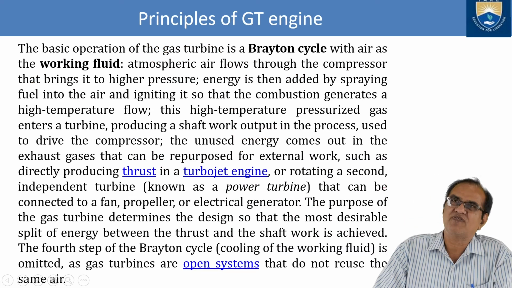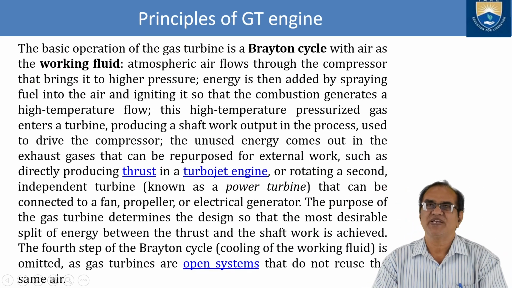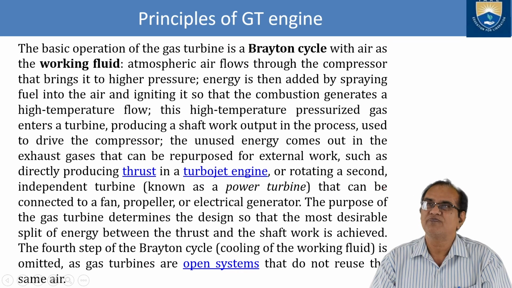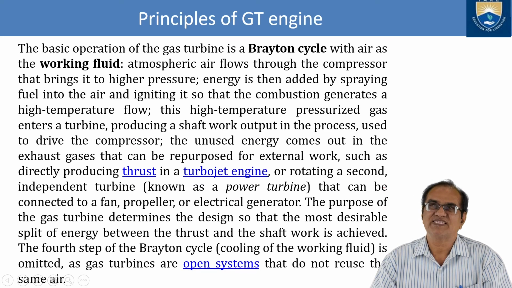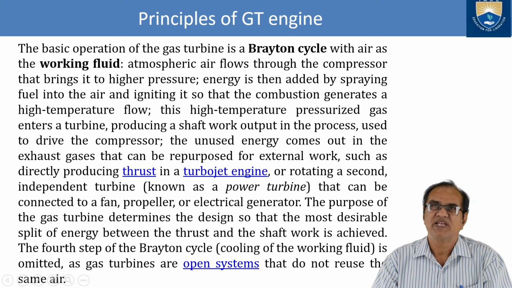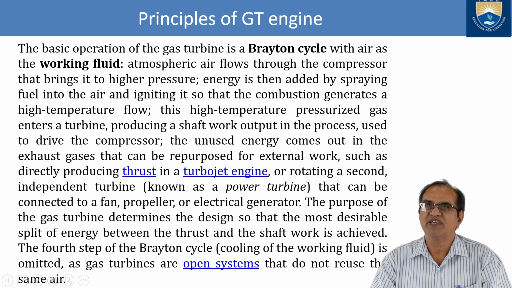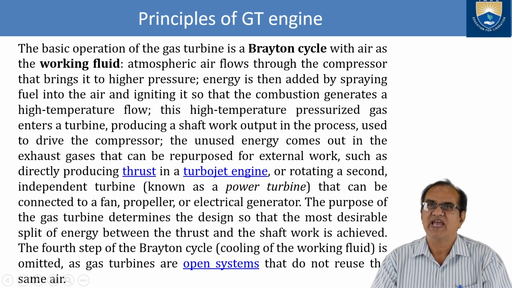Now, principles of the gas turbine engine. The basic operation of the gas turbine is a Brayton cycle, which I have shown you, with air as the working fluid. Atmospheric air flows through the compressor, which brings it to higher pressure. Energy is then added by spraying fuel into the air and igniting it, so that the combustion generates a high temperature flow.